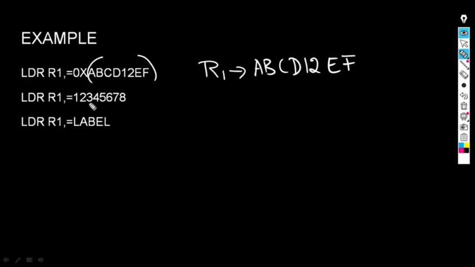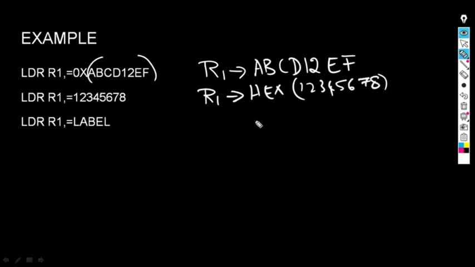In this particular case, what will be the value of R1? This is a decimal number, so in the register window you will see the hexadecimal value of this particular decimal value 12345678. That's why I have not added 0x here.